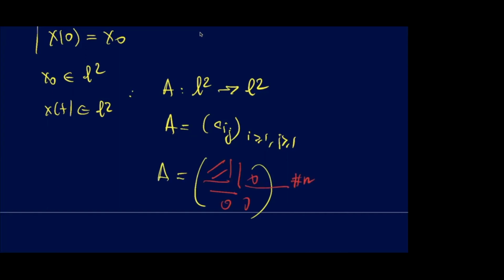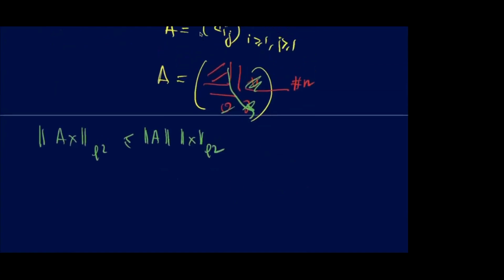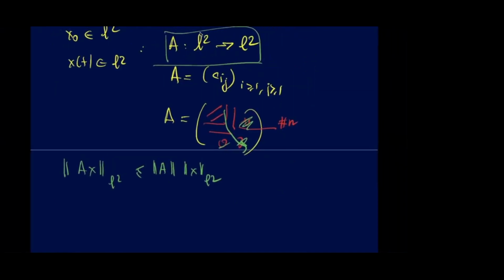But of course, you can always make this non-zero, and make it decay fast enough so that A maps L2 into L2, right? And then you will have a linear bounded operator, in the sense that you will be able to bound Ax by the norm of A times the norm of x, right?